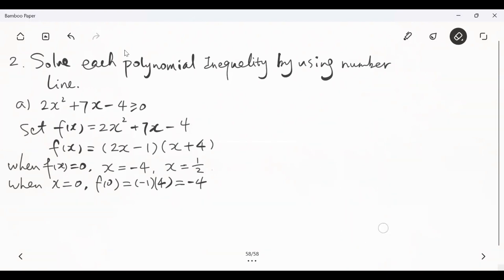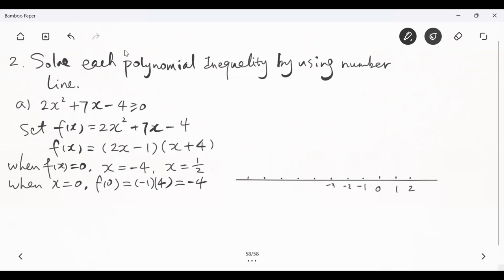So here we use number line to try to solve. And zero, 1, 2, negative 1, negative 2, negative 3, negative 4, negative 5, negative 6, 7, 8.